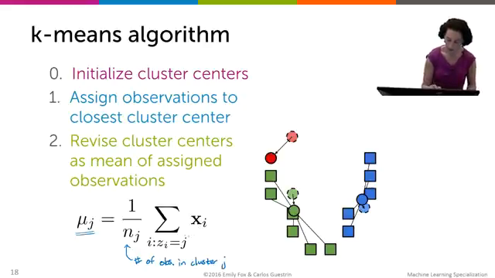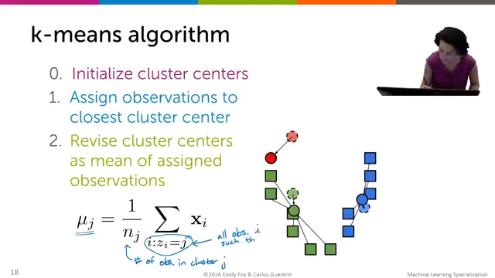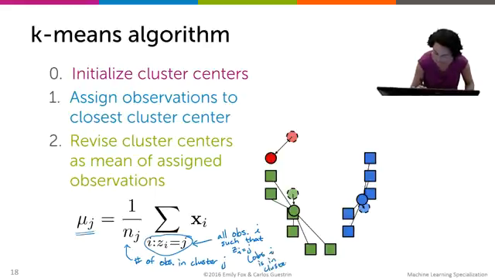And then we're going to sum over all observations i such that zi equals j, which means that observation i is in cluster j.